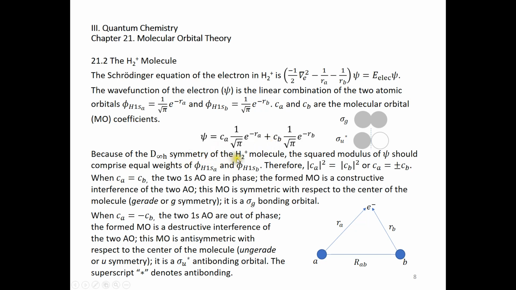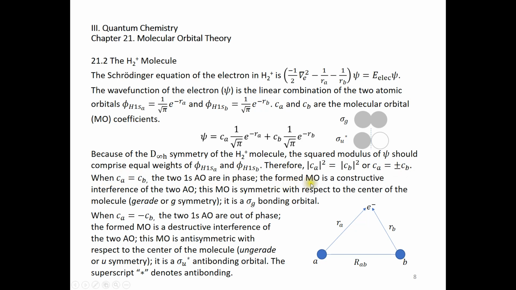And because of the symmetry of this molecule, we know the squared modulus of psi should comprise equal weights of 1sa and 1sb. And therefore, Ca squared is equal to Cb squared. So Ca is plus or minus Cb. When Ca is equal to Cb, these two 1s atomic orbitals are in phase.